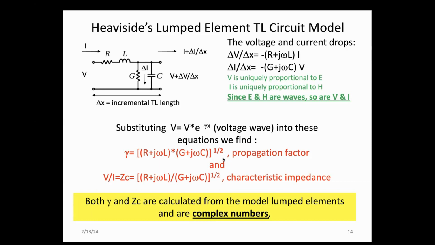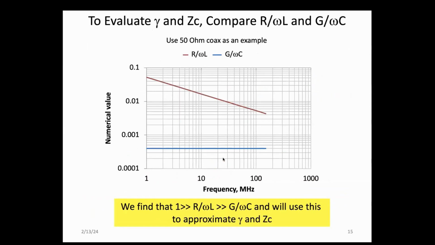When we look at these, we realize that these are complex numbers and they are both calculated from our lumped equivalent circuit model. Next slide, please. In order to evaluate those, it's helpful to compare R over omega L and G over omega C because it simplifies those expressions.